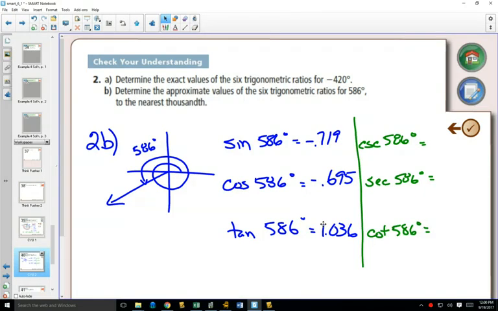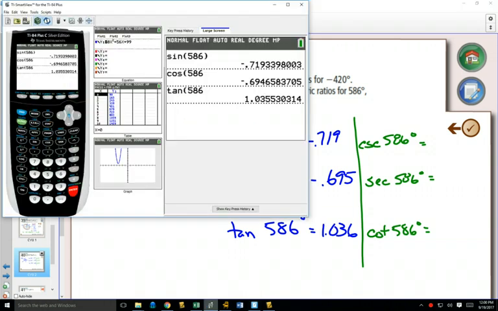And now we go to our calculator and we spend the next 4 hours looking for the cosecant button. But there is none. There is no cosecant button. So we have to remember that cosecant is 1 over sine. So if we want to find out what cosecant is, we can write 1 over sine.